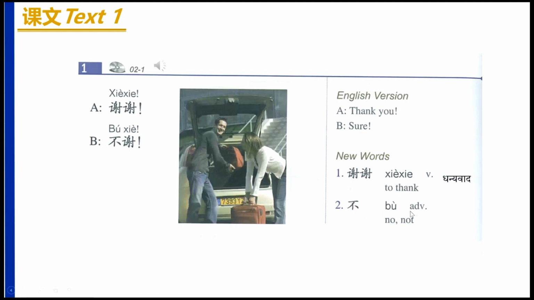And 不 is a negative word that means no or not. So whenever we want to express our negative mood, we add 不 before or after our sentence. So here, 谢 means thank, and I add a negative before 谢, so it becomes 不谢, which means you don't need to say thank you. It's not a big deal. So that's how we reply to 谢谢.